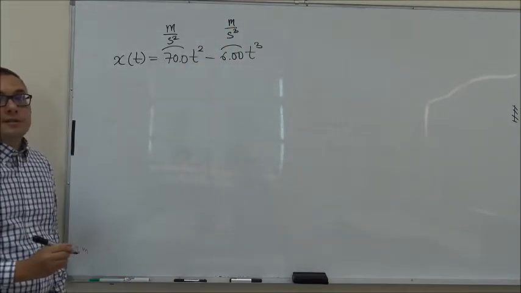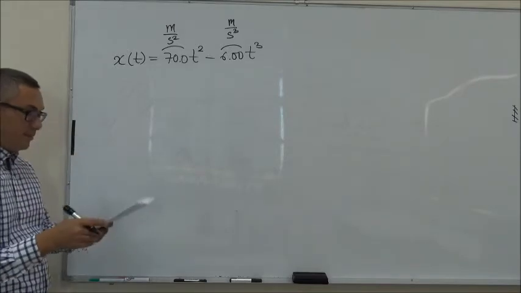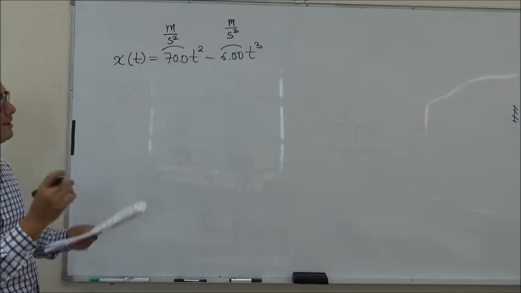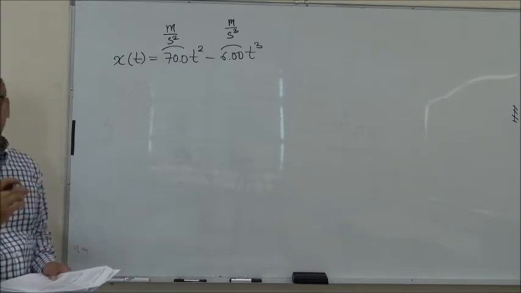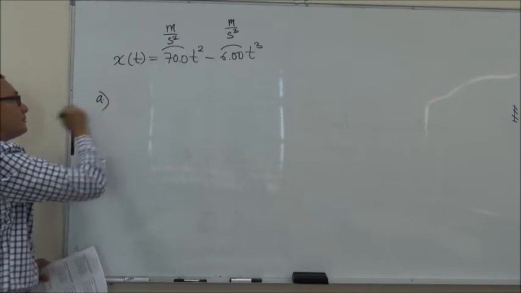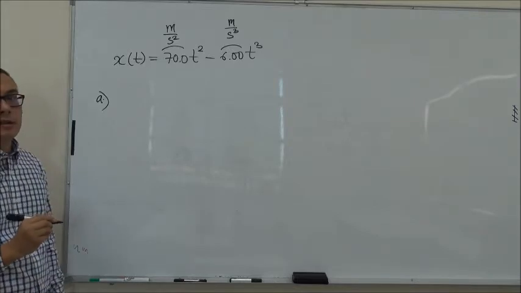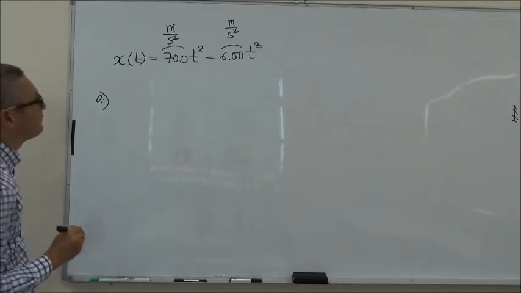So the question is, what is the maximum positive x position that is reached by the particle? So this is part A. Now, to find that, let's first find the velocity of the particle.